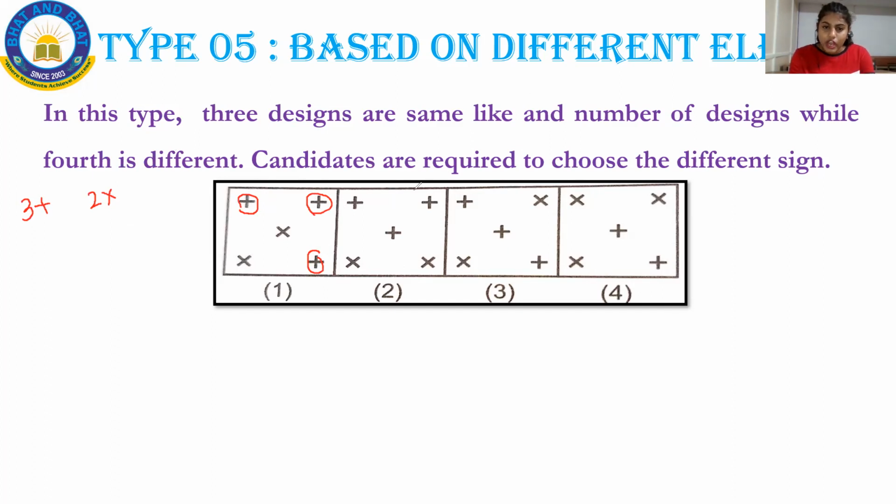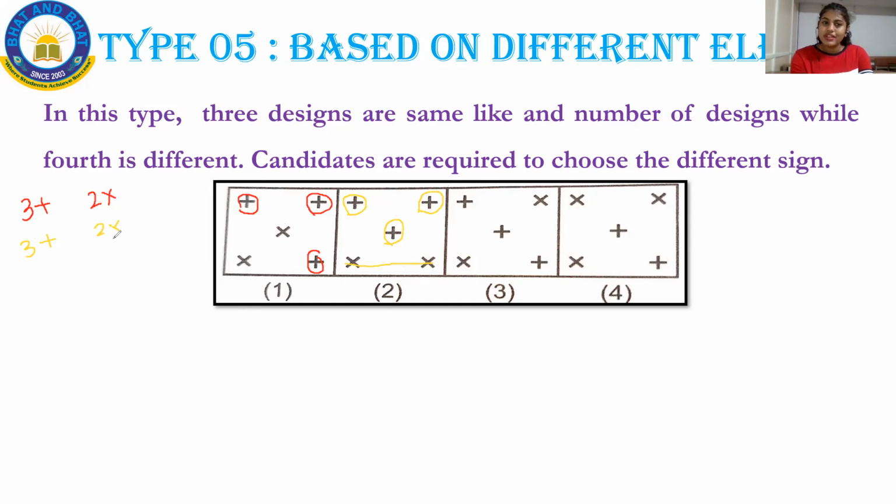Let me go with option 2 now. Students, see how many plus signs? 1, 2, 3. You have to observe carefully. 3 plus signs. How many into signs? Obviously these two. So 2 into signs.